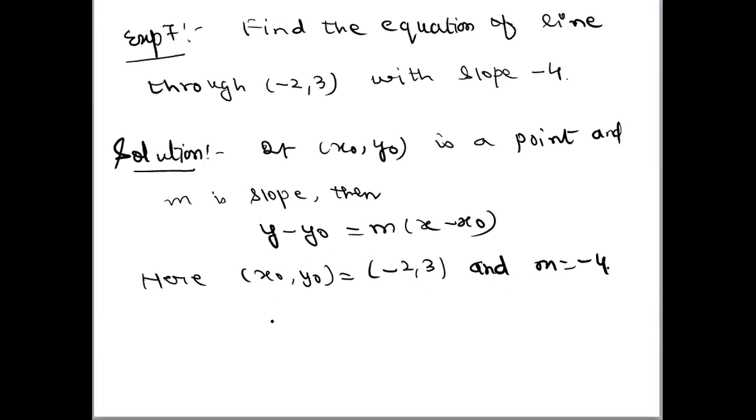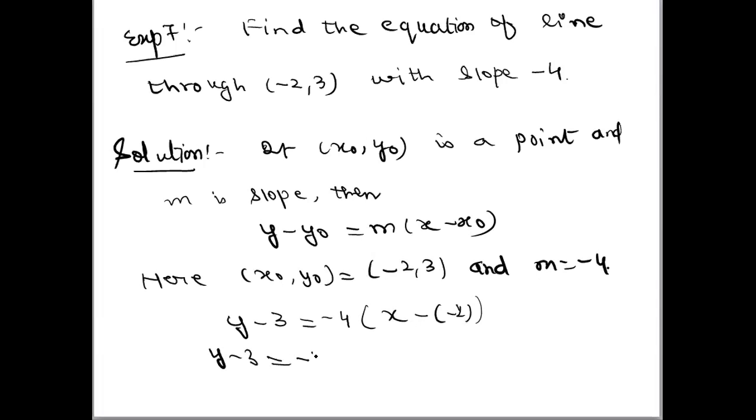Put the values, right? Values क्या आ जाएंगी? y minus y naught means y minus 3 is equal to m की वैल्यू minus 4, x minus x naught की वैल्यू minus 2.